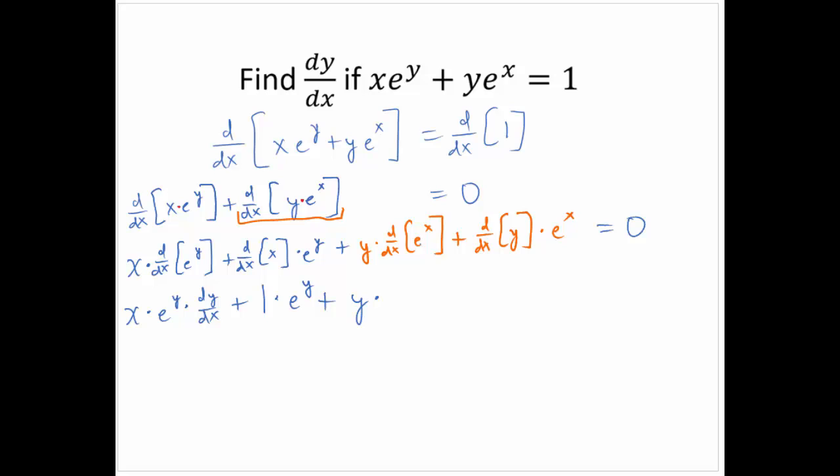The derivative with respect to x of e to the x is just e to the x. Plus d by dx of y, that's dy/dx, times e to the x is 0.